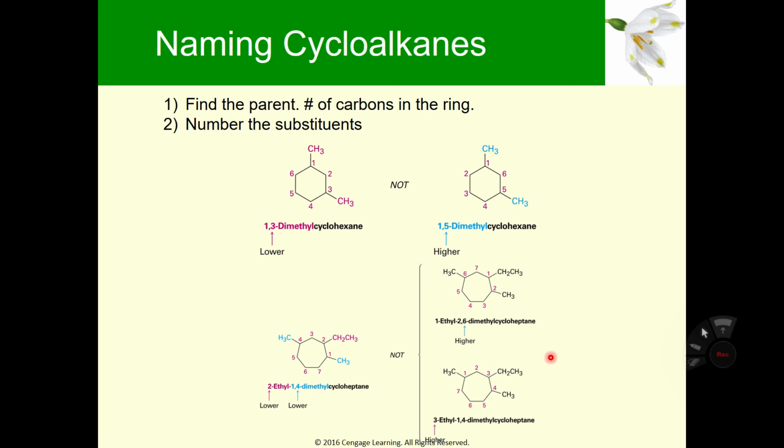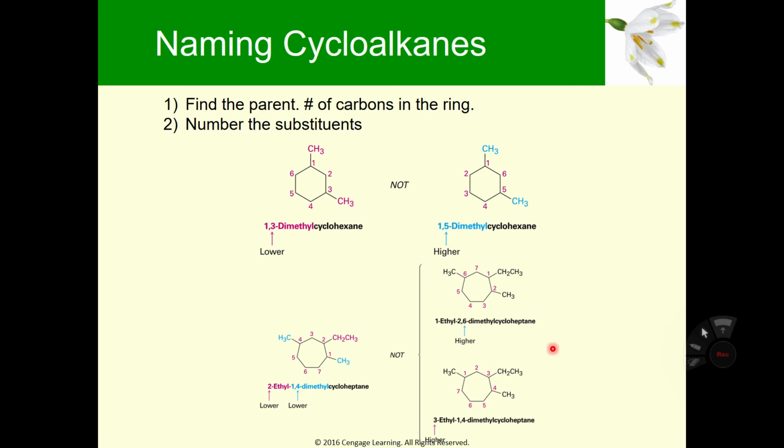If the molecule contains cycles and linear chains, then compare the number of carbons in the cycle with the number of carbons in the linear chain and pick up the one which has the higher number of carbons as a parent.